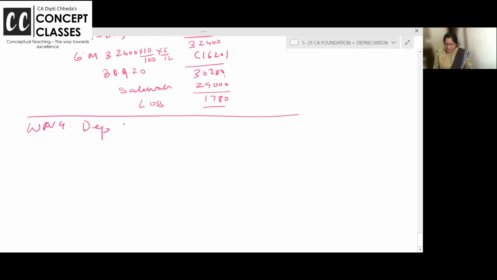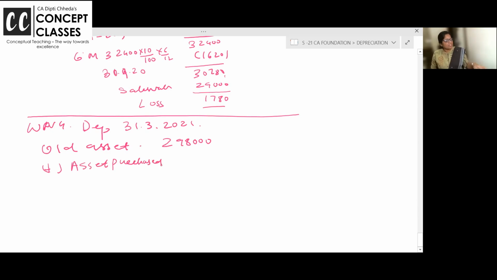Depreciation you are calculating for 31st of March 2021. Old asset. What was the balance of the old asset? They have given you the opening balance, before you rectify the errors, 2,98,000. Add to it the asset which is purchased.